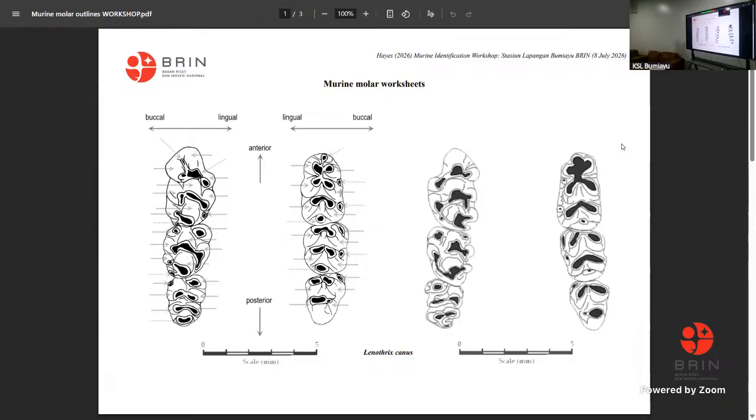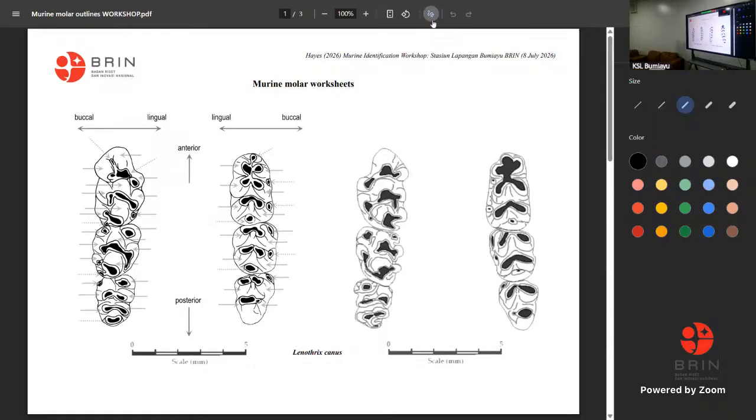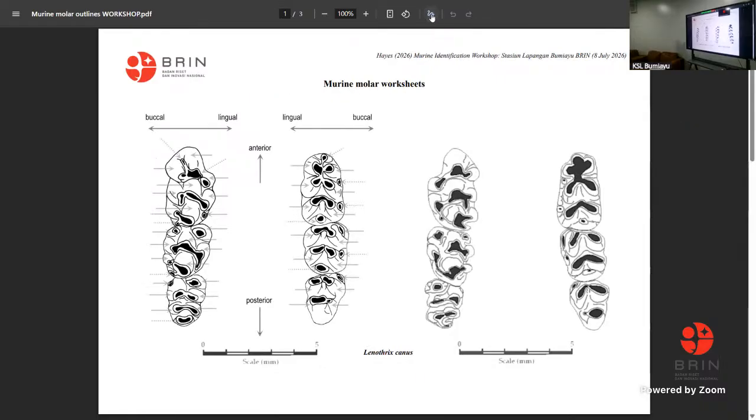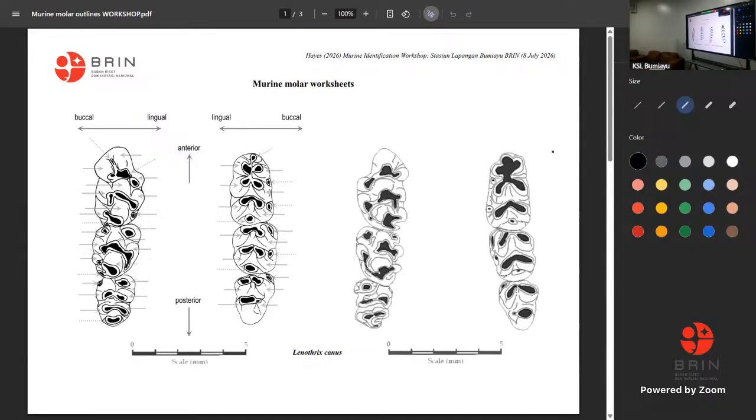Yes. Oh, no, okay. So we can have where the molar row is exactly the same size, but they're two different species, or two different genera. Because the rat tooth isn't going to range that much. There's thousands of rats. When I say rats, I mean murines. So there's lots and lots of them.